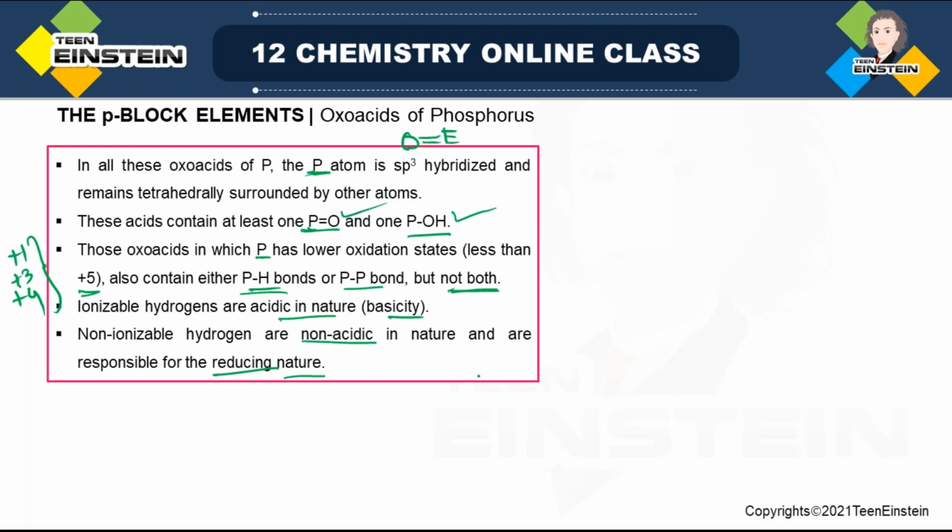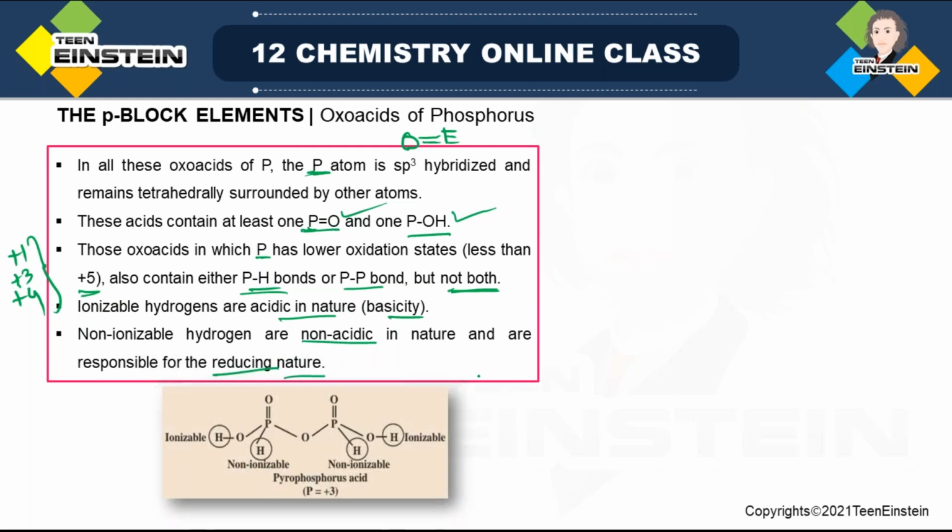Fine. Now here we have this oxoacid. How many hydrogens do we have? It is H4P2O4, right? These hydrogens are ionizable, but this hydrogen, as it is directly attached, is non-ionizable.